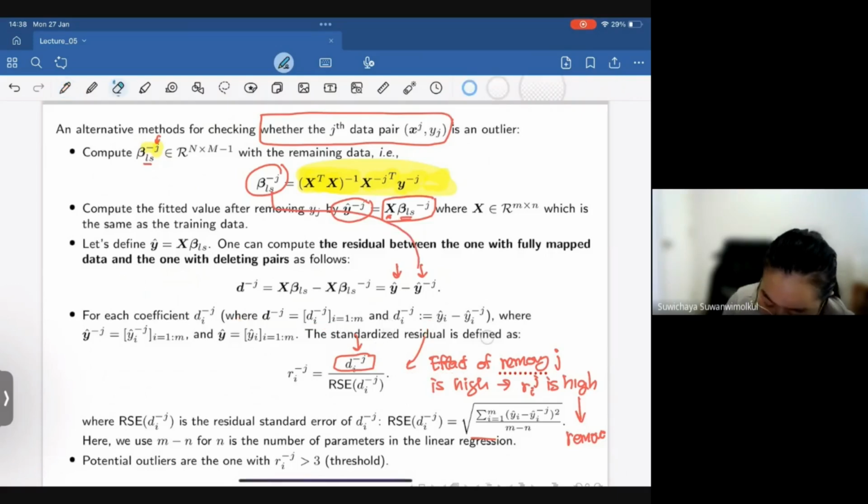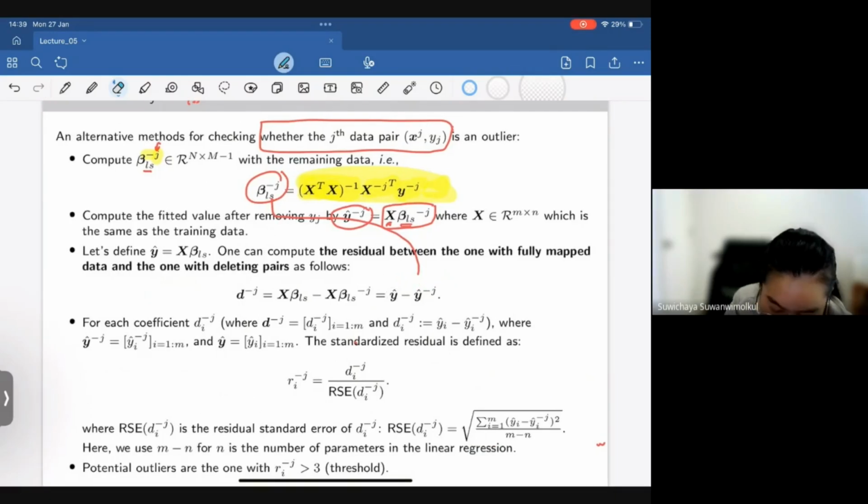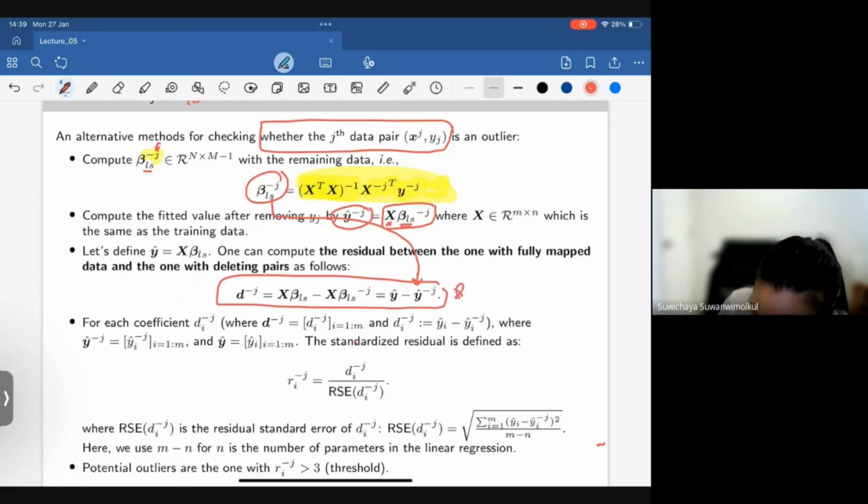The core idea of these two techniques is the same: it still uses the residual as the core in finding outliers.